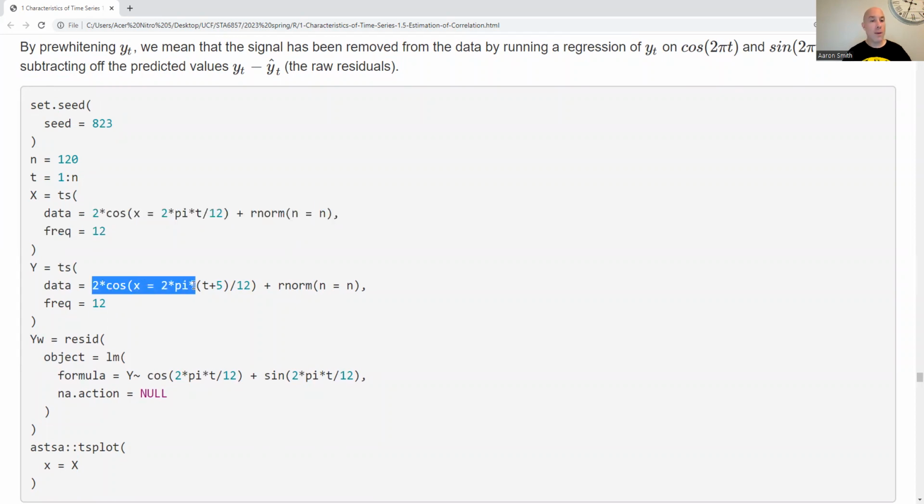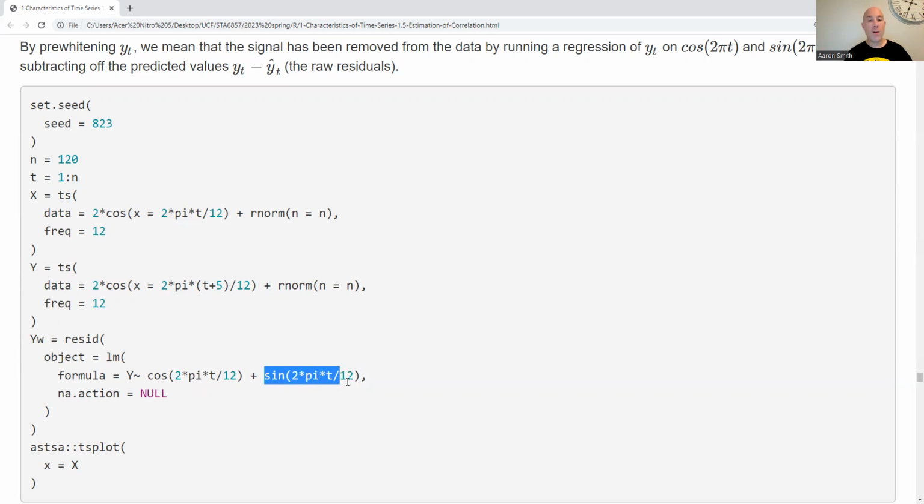Y is cosine with a shift, plus normal noise. Then I'm taking a linear model of the y time series, the shifted cosine, doing regression with sine and cosine.